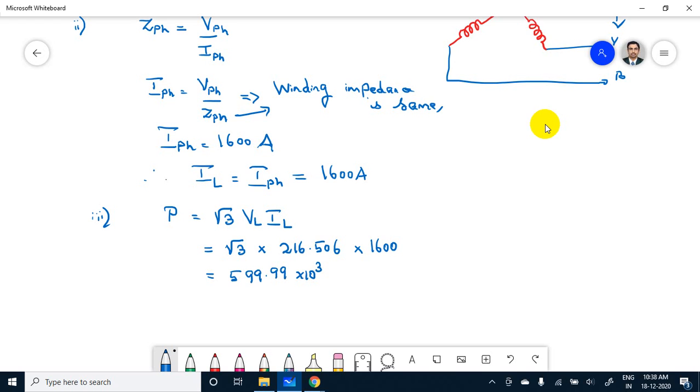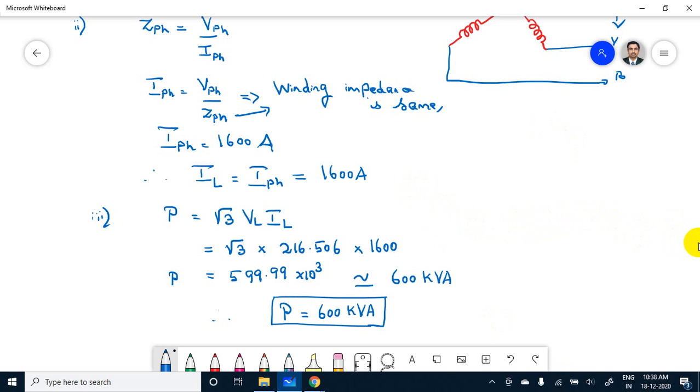So this value you can equate to 600 kilovolt ampere. The unit of power is volt ampere. Therefore power equals 600 kilovolt ampere. Okay, any doubts?